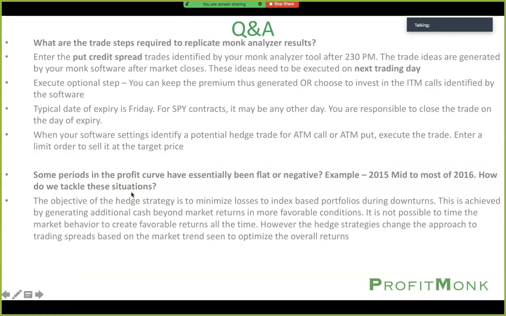The objective of this hedge strategy is to minimize losses to an index-based portfolio during downturns. This is achieved by generating additional cash in favorable conditions. I know I play a lot of quant, but I'm pretty clear that it's not possible to time the market behavior to create favorable returns all the time, which means that you have to have strategies which adjust your approach based on how the trend is going, and overall in a statistical sense it should have a positive expectation.